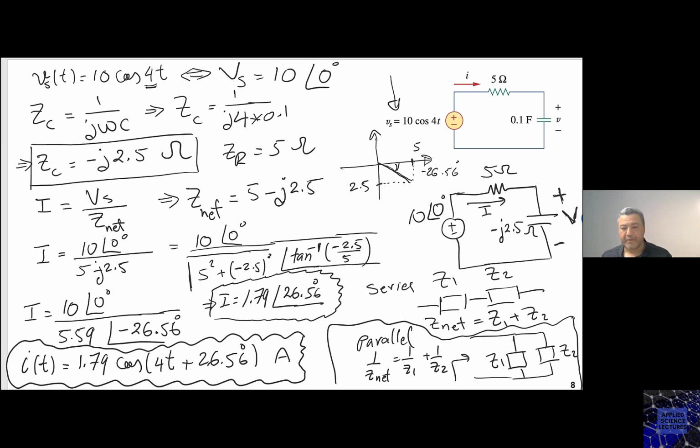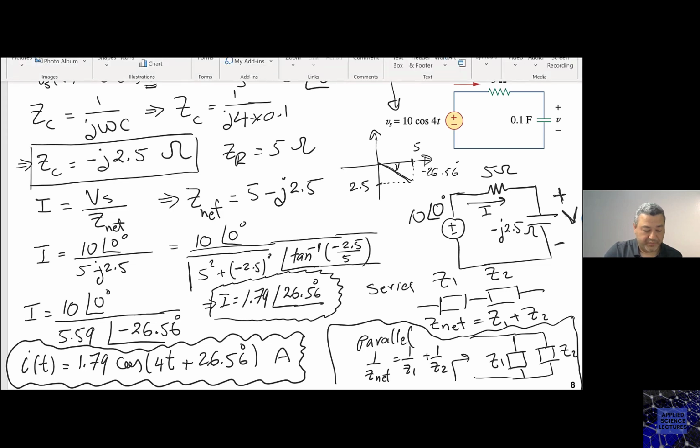See, we got the time domain signal. As you can see, the difference here was in the amplitude and in the phase offset. This is the beauty of using the phasor representation in AC steady state.